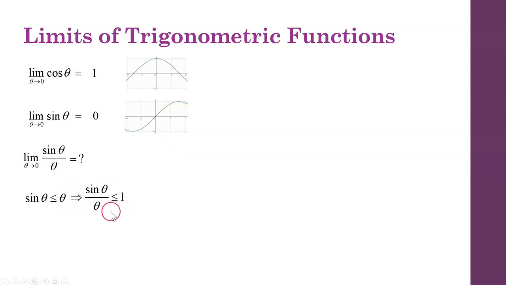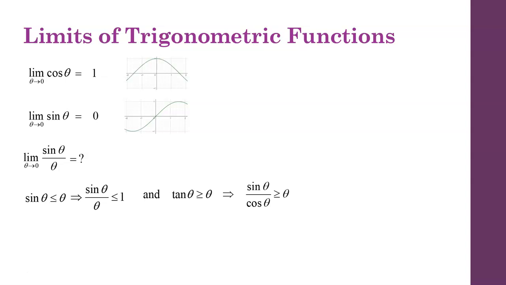So that's one part of the squeeze theorem, and the other part is established from this other inequality, that tangent of theta is always greater than or equal to theta when theta is near 0. And that lets me rewrite tangent as sine over cosine.